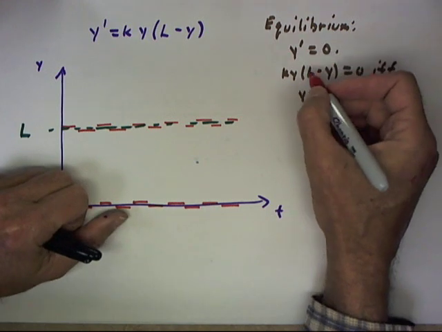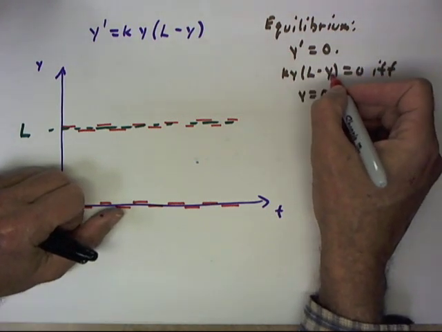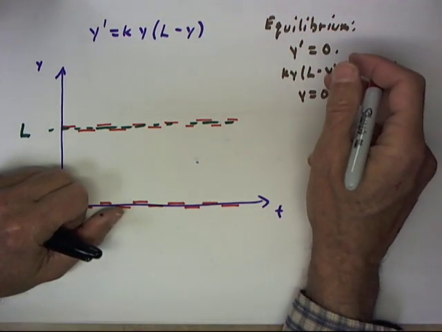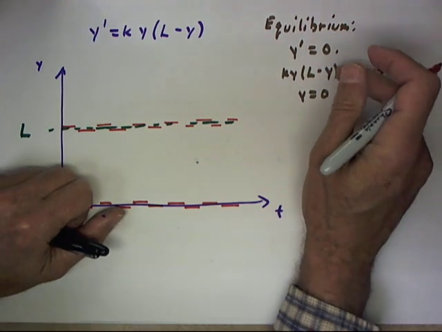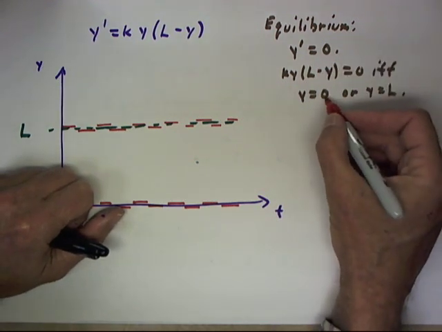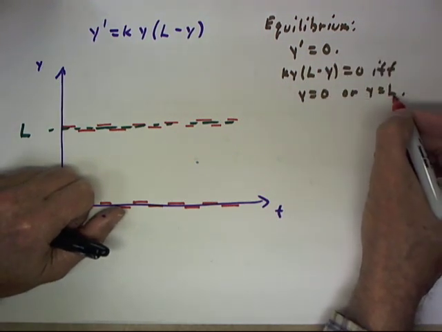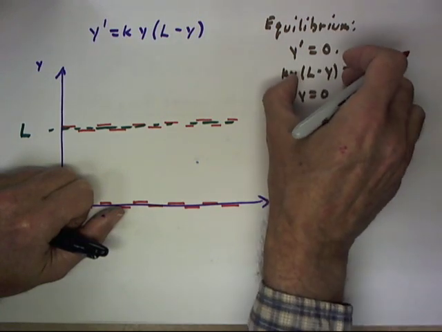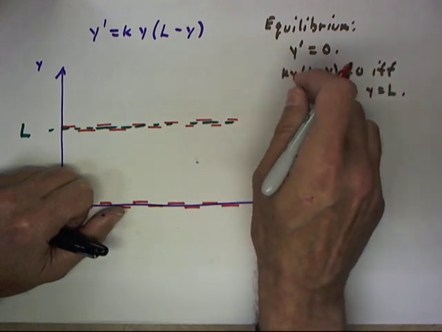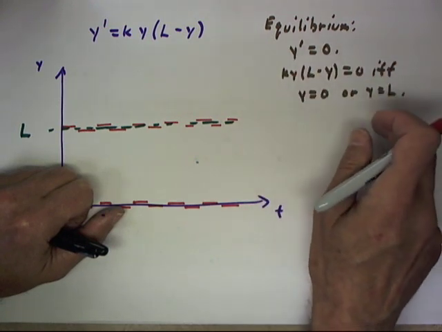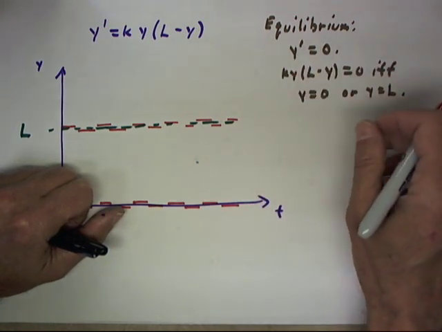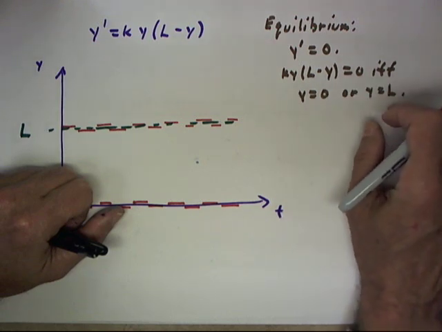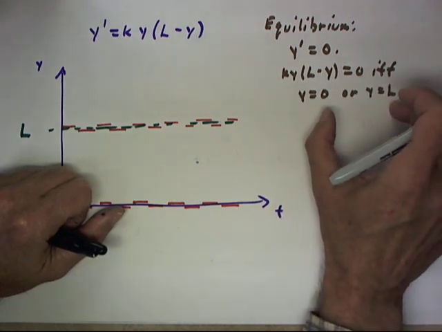Now, if we just think about y times L minus y, if that's multiplied out, it's quadratic, with zeros at y equals 0 and y equals L. If we were going to draw a graph of this function, y times L minus y versus y, it would be a quadratic function with zeros at these points. A quadratic function has a parabolic graph.